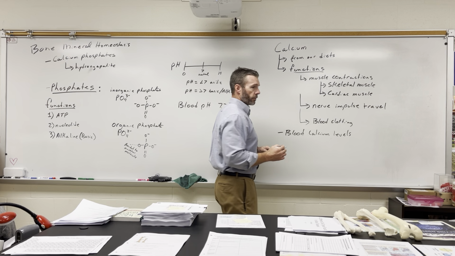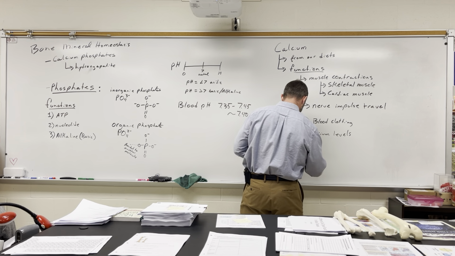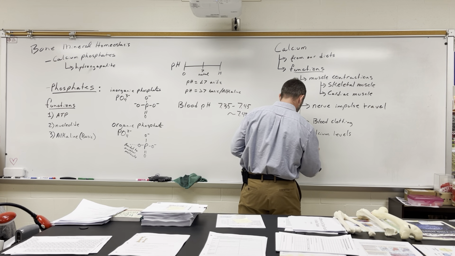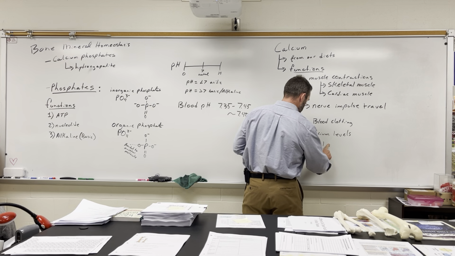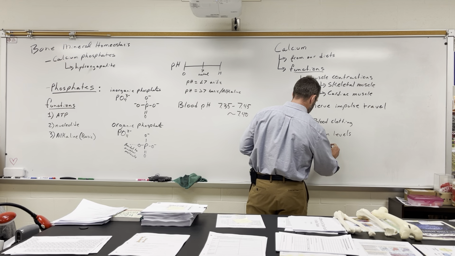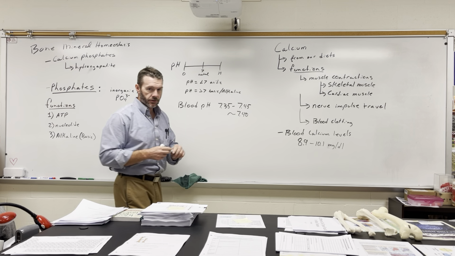The normal adult range for blood calcium is going to be 8.9 to 10.1 milligrams per deciliter of blood. And that's our normal range.